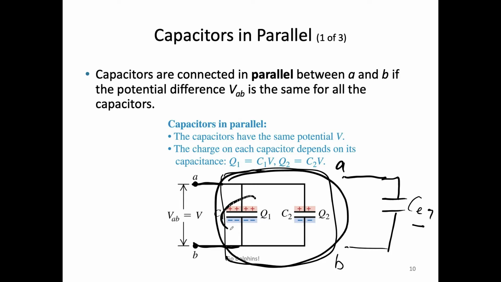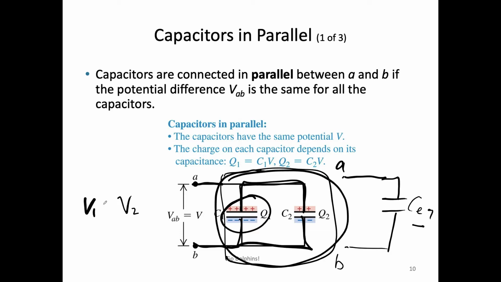Because the potential difference over C1, V1, and the potential difference over C2, V2, because they are connected in parallel, those two are at equal potential.